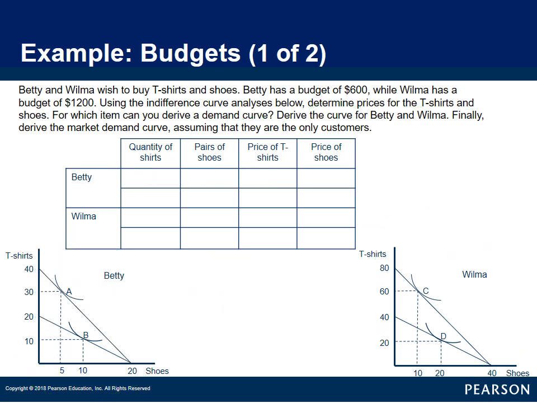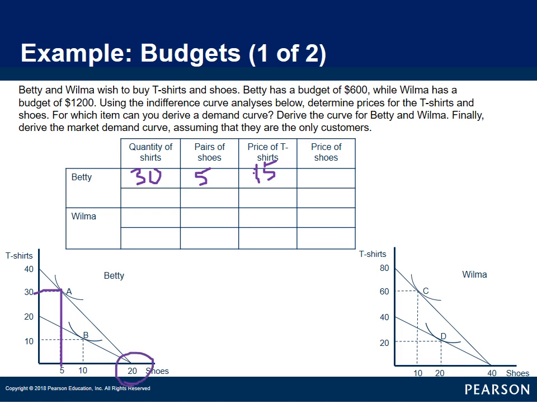I'm going to erase some of that, it's getting a little messy. So let me rewrite this. We found the price of the shirts to be $15, the pairs of shoes that she would buy at that $15 would be 5, and the number of t-shirts that she would buy would be 30. Now we need to find the price of shoes.